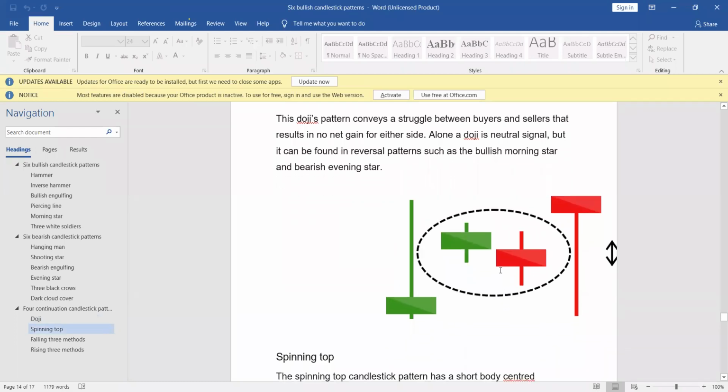So when you find doji candlestick patterns or doji candles around an area of value, what should first come in your mind is that there is indecision in the market. Listen very well. What should first come in your mind is that there is indecision in the market.